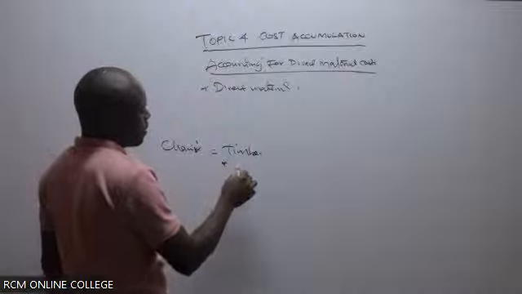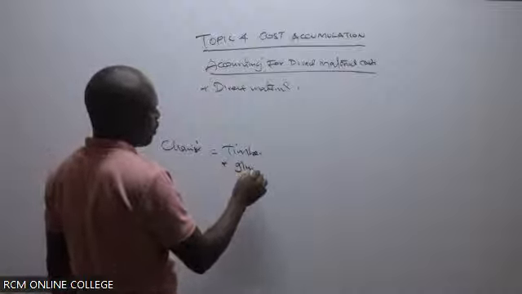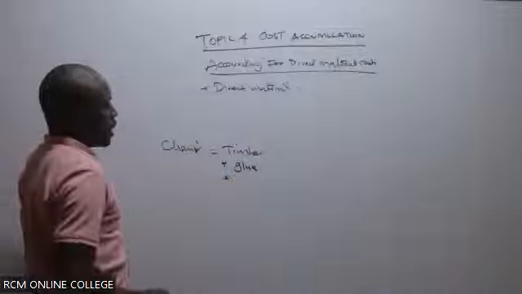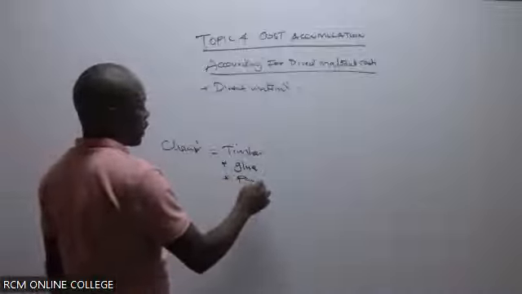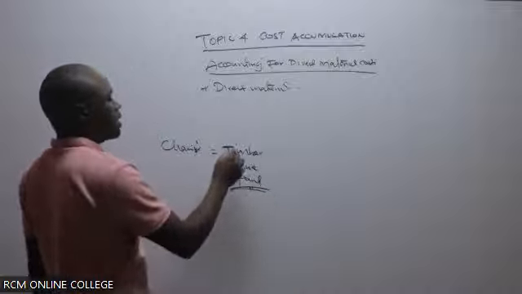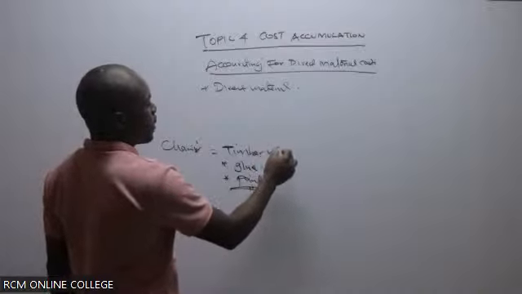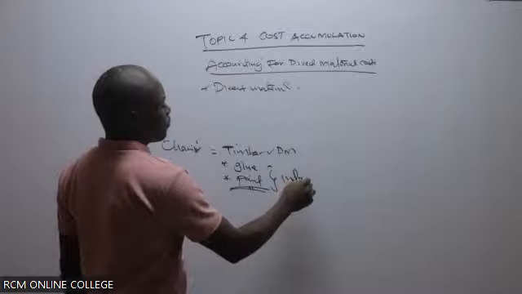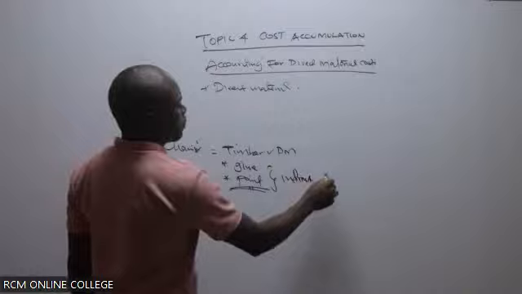Maybe I may need glue. I may even need some paints to take care of this, the invisible one, maybe things of that kind. But the main item here is timber. So this timber will be the direct material. These ones here will maybe be indirect material.